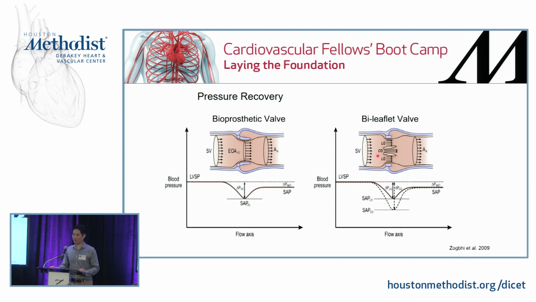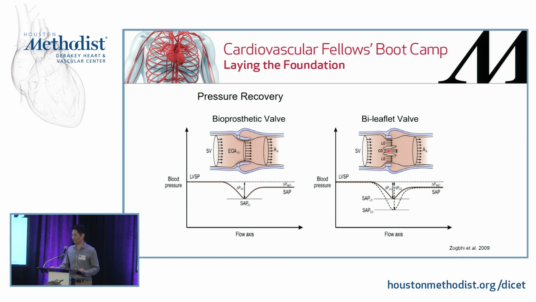So how we calculate gradients is different from when you're in the cath lab and you calculate gradients. What the cath lab cardiologists do is that they have a catheter over here, and it's measuring what the peak velocity is in the LV, and then they pull it through and see what the pressure is. Sorry, the pressure over here and the pressure over to here, and that's called the peak-to-peak gradient. And that's different from what we're doing, which is continuous wave Doppler, and we're checking velocities all along here.